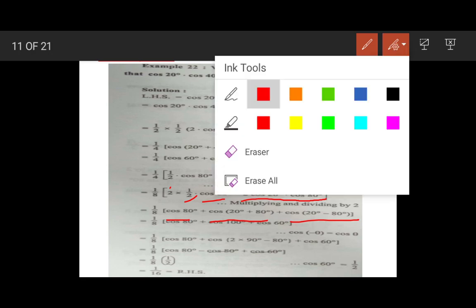So again I have to apply the 2 cos A cos B formula. So that is equal to cos 20 plus 80 degree plus cos 20 minus 80 degree. Once again 2 cancels. So what I am getting? Cos 80 degree, then plus 2 cos A cos B formula, so cos A plus B plus cos A minus B. So that is equal to cos 80 degree as it is, plus 20 plus 80, that is cos 100 degree.